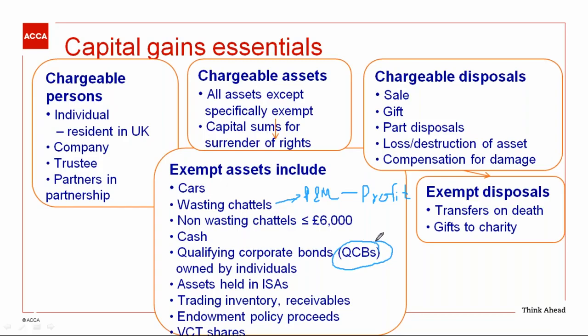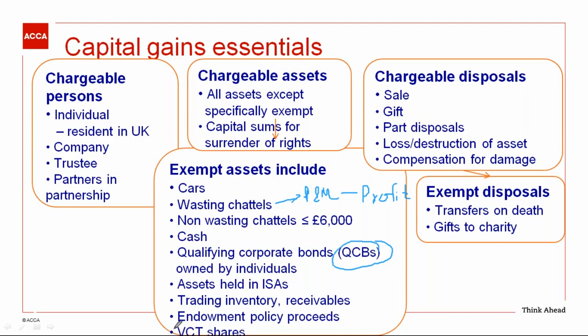So, if an individual owns qualifying corporate bonds or they have purchased debentures from a company, when you sell them, the gain will be exempt from CGT. Then assets held in individual savings accounts, exempt from CGT. Other current assets such as trading inventory, receivables, exempt from CGT.